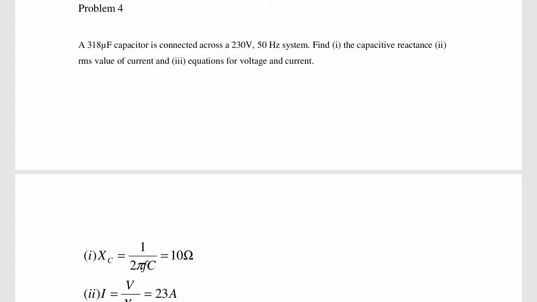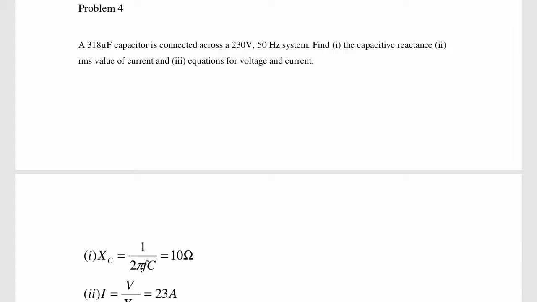This means the capacitor value C is given, the 230 volts RMS voltage is given, and the frequency of 50 hertz is given.